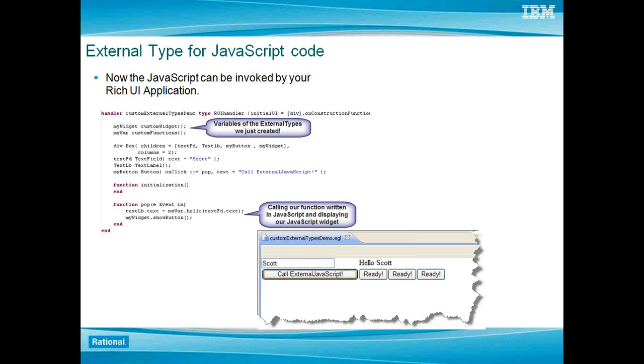And then if you see here in the pop event, we are accessing my variable dot hello. We are supplying some value, and then it will return something, and we are storing it inside of text label in the dot text property. So it will be displayed on the label on the rich UI handler. Same way for my widget dot show button.